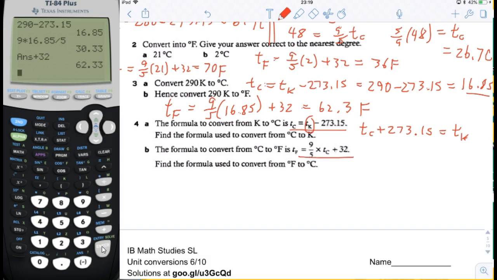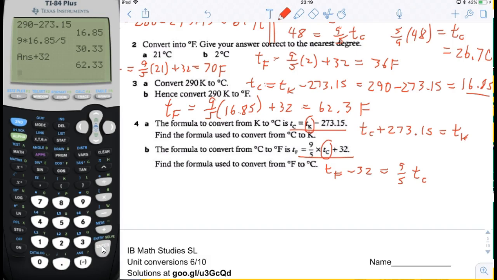Find the formula used to convert Fahrenheit to Celsius. Again, we're going to do algebra and solve for Tc. First, we subtract 32 from both sides. So we'll have Tf minus 32 equals 9/5 Tc, and the plus 32 on the right disappears.